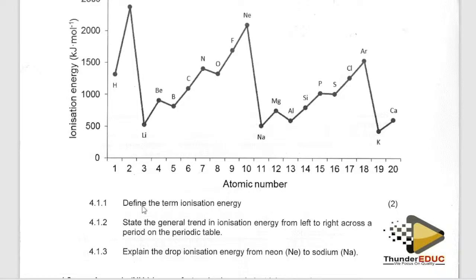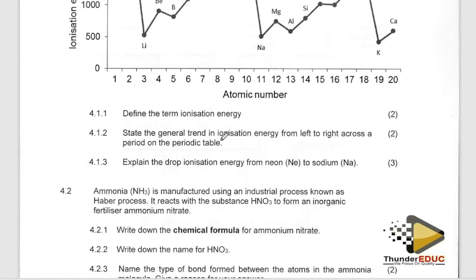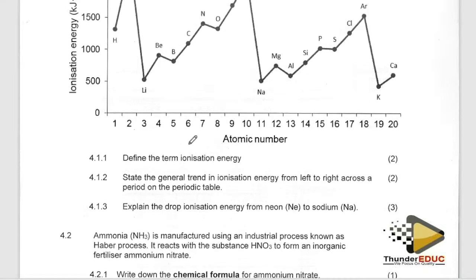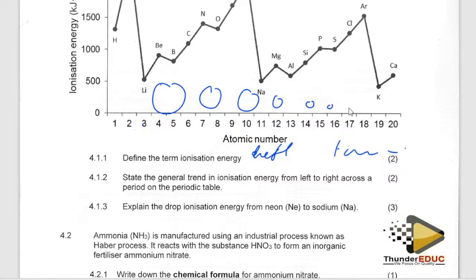So they're saying state the general trend in ionization energy from left to right across the period in the periodic table. Don't forget that from the left, you have big atoms.